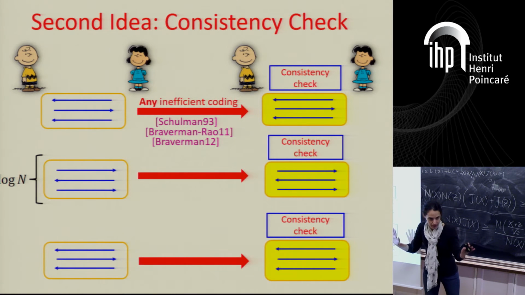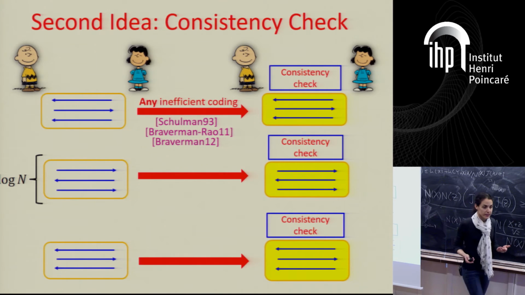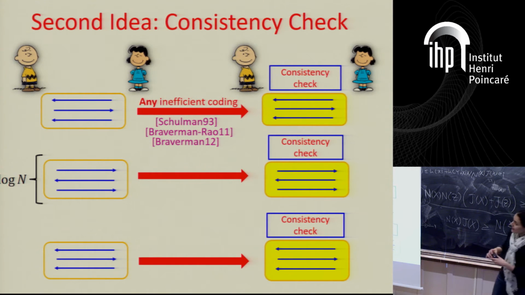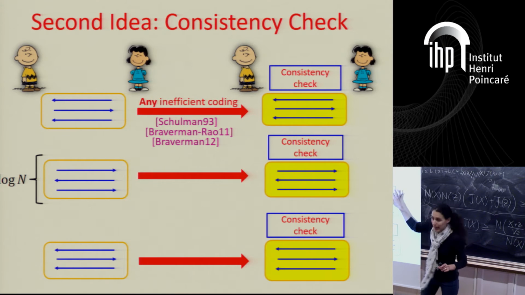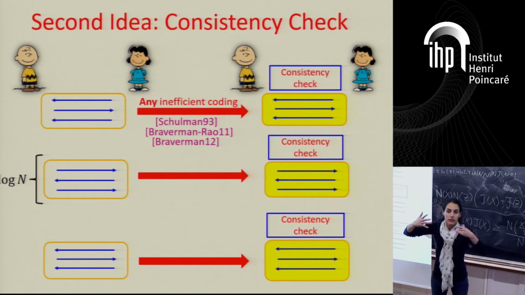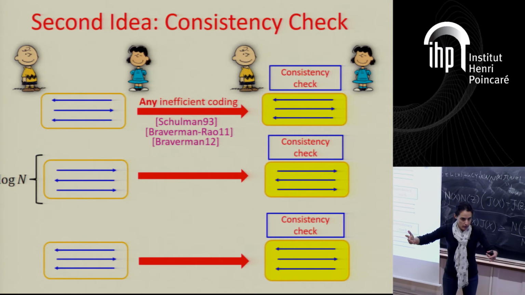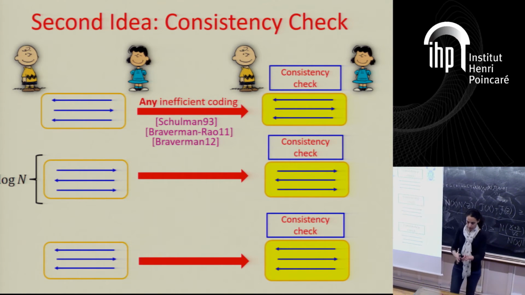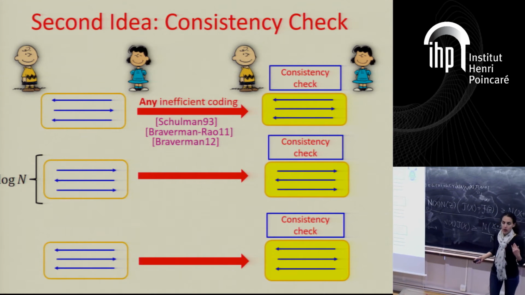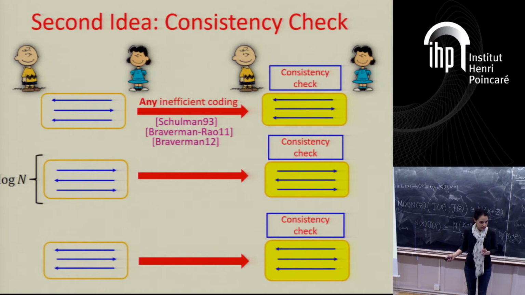Are we in agreement? And this test is going to be very short, of size log n, so as not to blow up the communication. Because each chunk is order log n, this is also going to be order log n. Okay, so how do we do this consistency check?